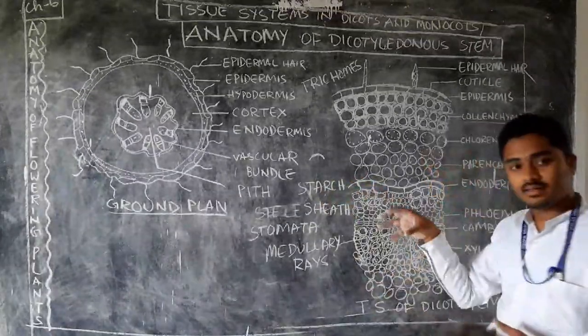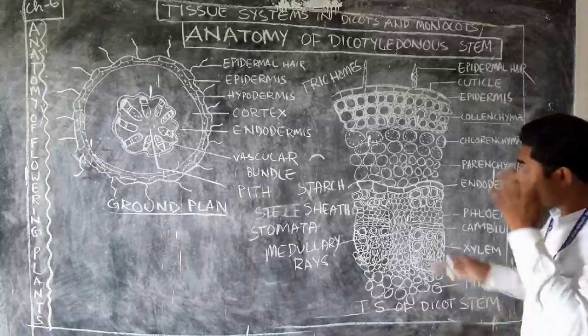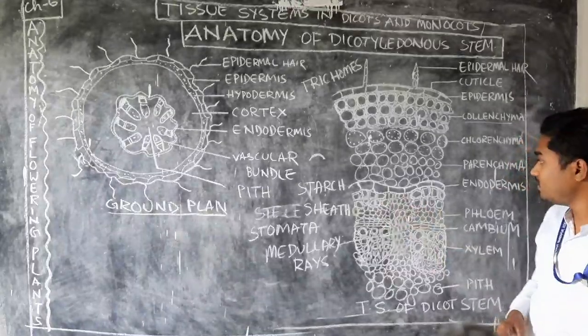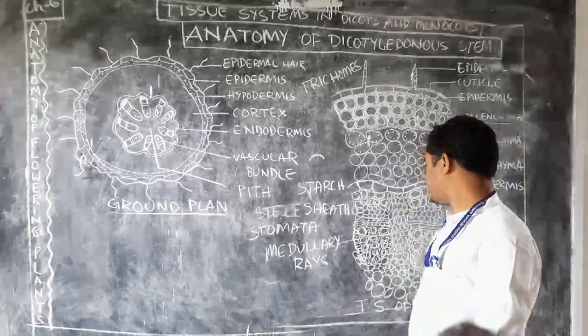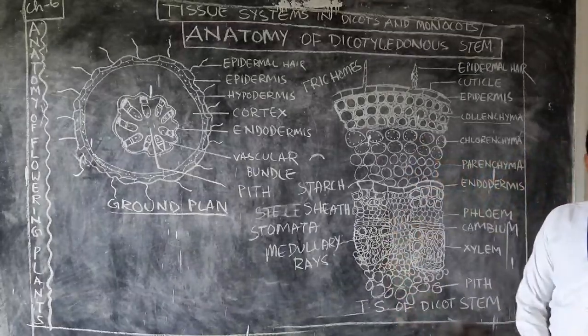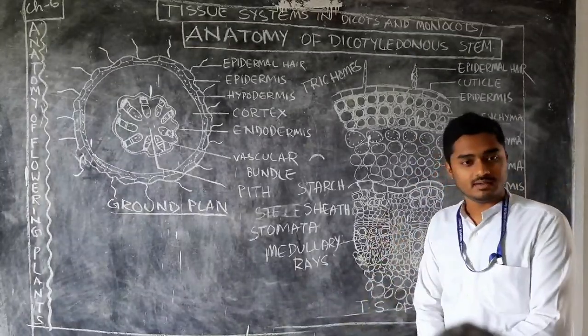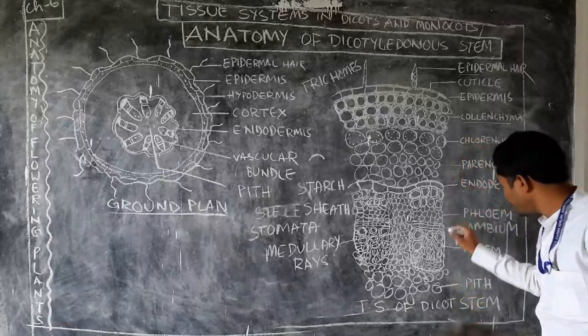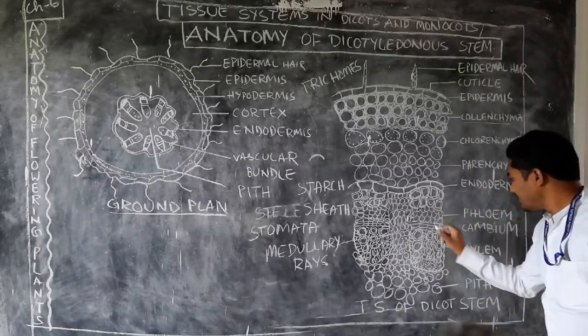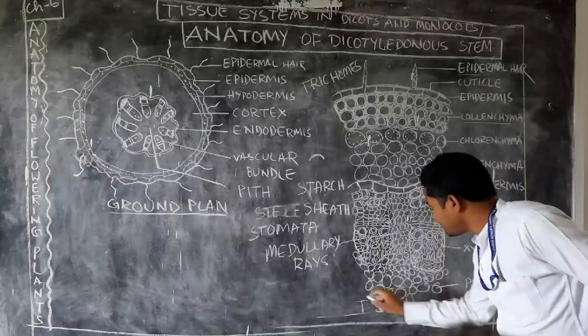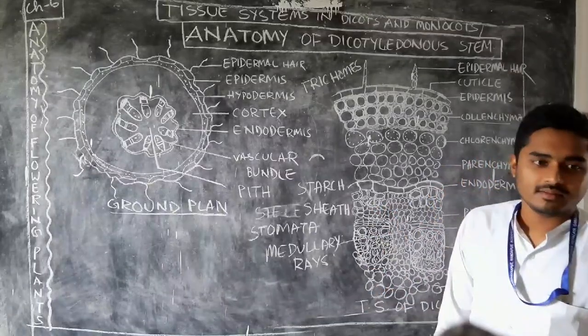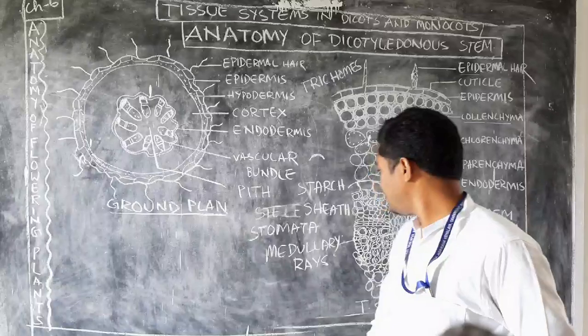So they are present in a single strand. But in monocot root and dicot root, we have seen that they are present on different patches. But here they are present in a single vascular bundle, and in between xylem and phloem, the vascular cambium is present, and that's why this type of vascular bundle is known as open type vascular bundle.